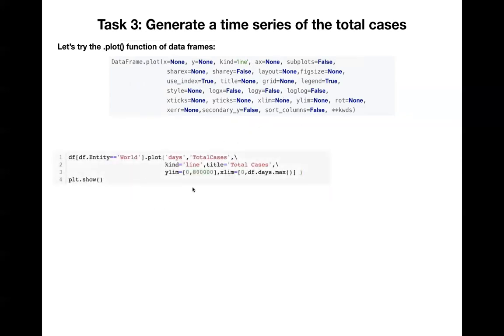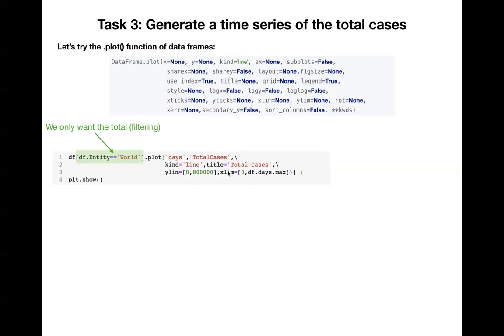So now let's try to look at this. I want to plot the total cases as a function of days, right? So here, first of all, let's do the data filtering. If you remember, this dataframe has all the countries. If you just do df.plot with this, I get thousands of lines because every country will be there.